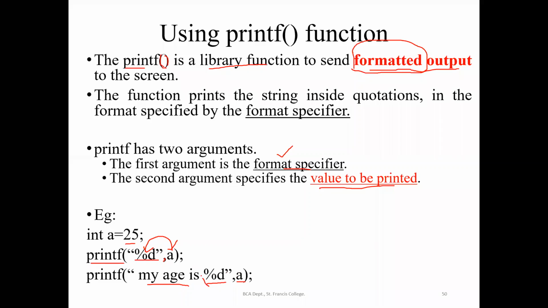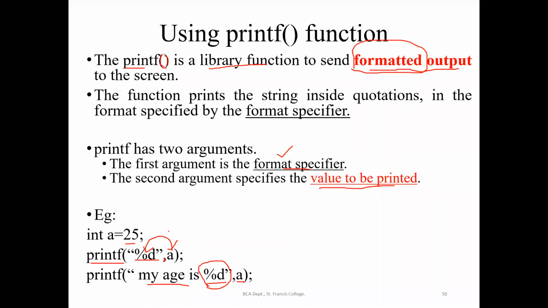Wherever we have mentioned %d in the first argument, the value of the variable A will be printed. The value of the variable is 25, so it will print onto the screen: my age is 25. Got it? So this way we can use printf.